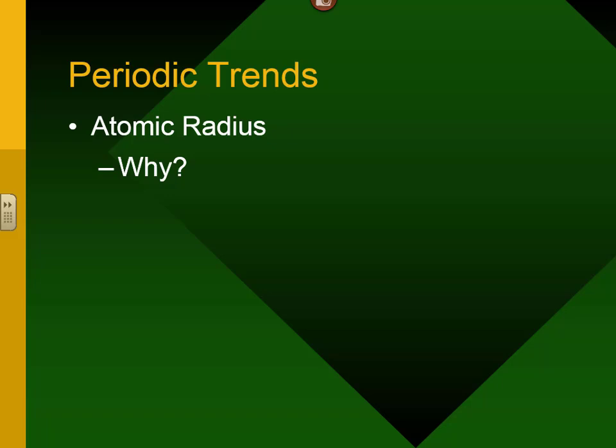So if the nucleus gets stronger with every proton that you add, and the electrons that we add aren't getting any further away, every time you add a proton, those electrons in that shell or in that ring feel a stronger pull from the center. And if the pull from the center is stronger, what happens to the size of this atom?